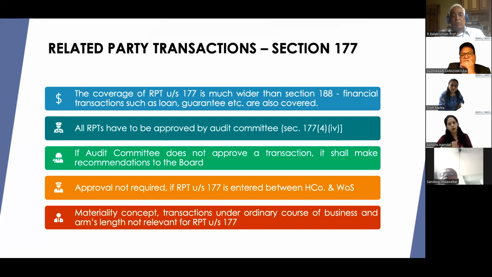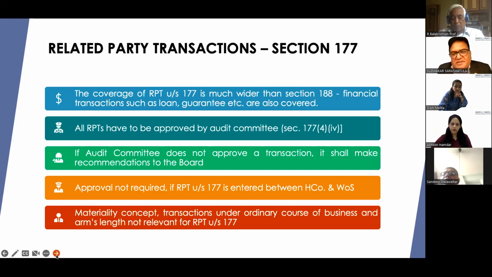One is the transaction with a related party and all related party transactions. So the related party transactions cannot be approved; they have to be recommended by the audit committee to the board. That is the understanding. And all transactions with related parties will be approved by the audit committee. Hope I am clear.